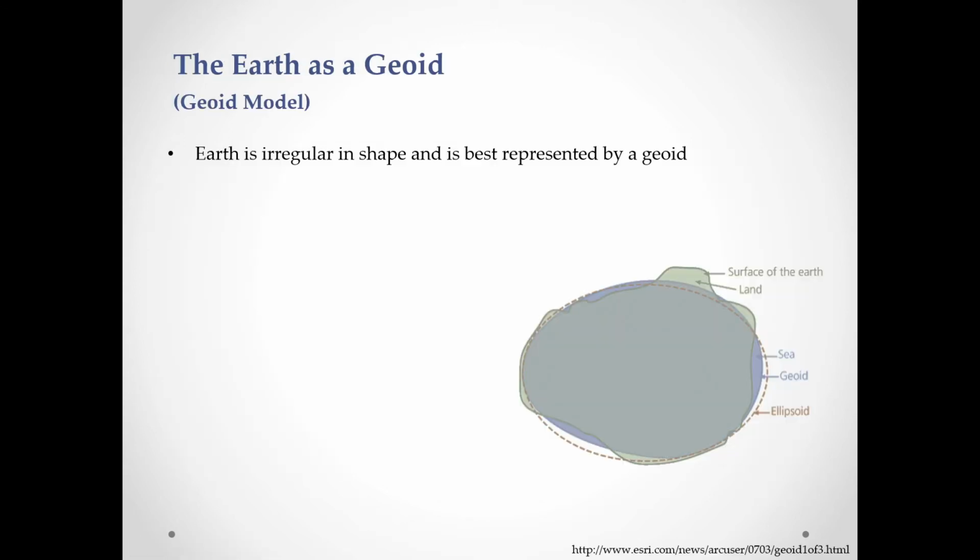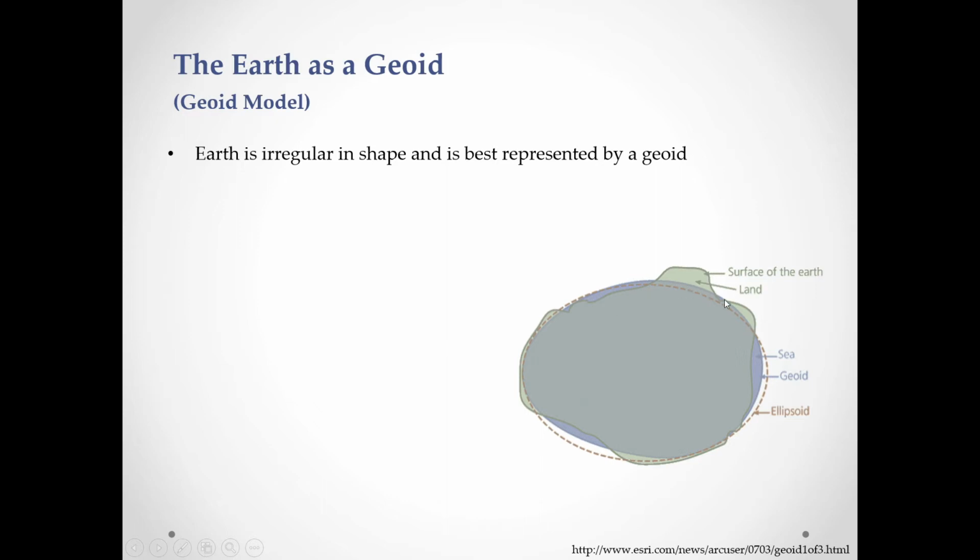The Earth has a geoid. What is the geoid model? Earth is irregular in shape and is best represented by a geoid. We know our Earth is not a pure sphere. It is irregular. Like we can see, there are some mountains, there is some river area.